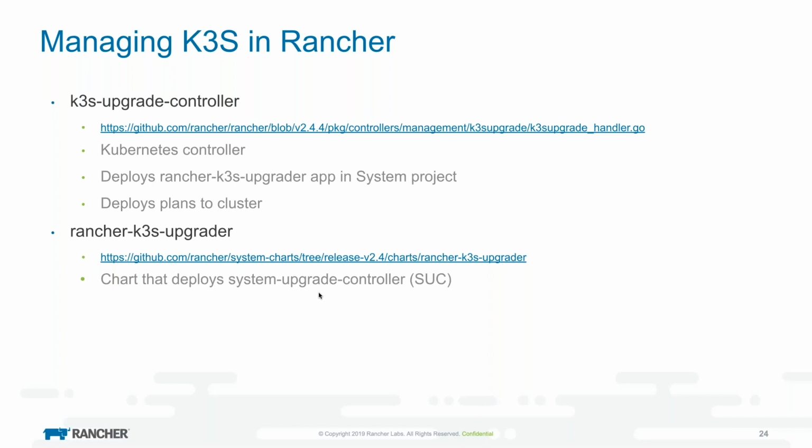The system upgrade controller introduces the plan CRD, and if you create a plan CRD with your policy, and in our case we only specify a version because that's the use case that we are describing, it spawns a job. That job has two containers, and it uses two images: kubectl to drain, and then the Rancher K3s upgrade image that actually does the work of replacing the binary, killing the process so that it can be respawned with a new version.